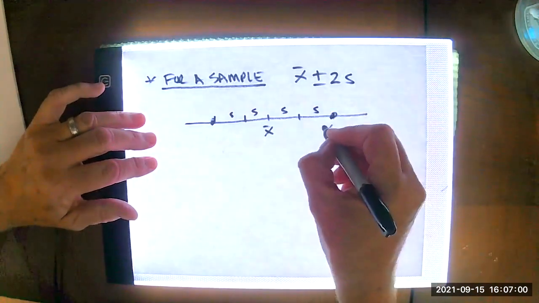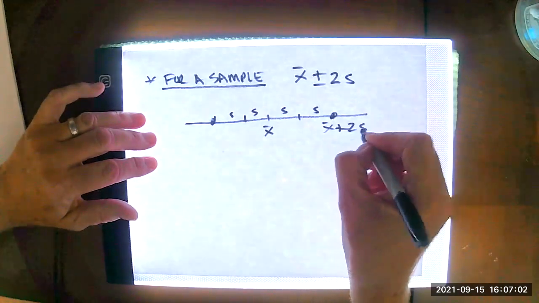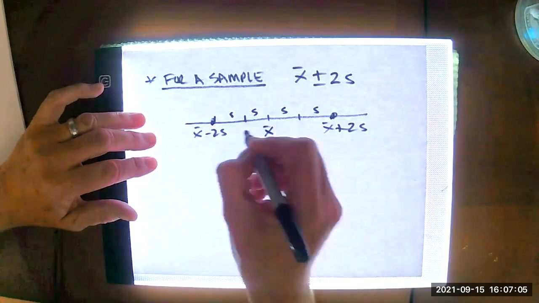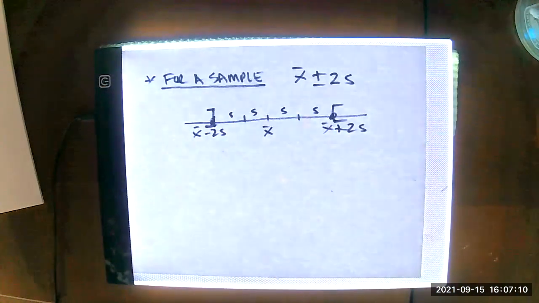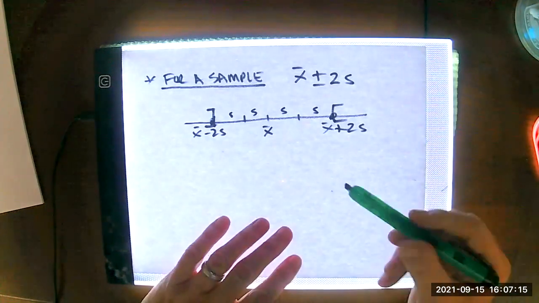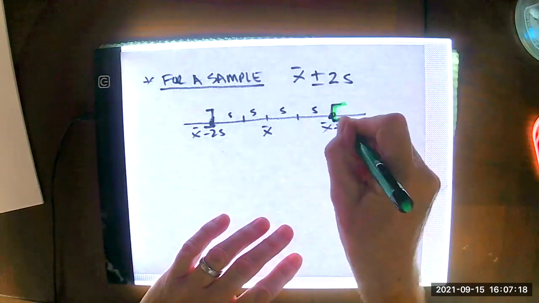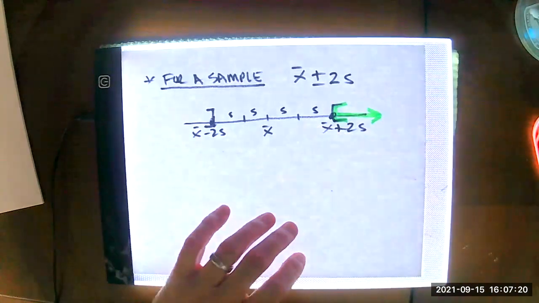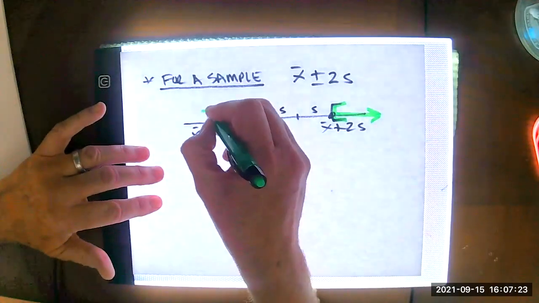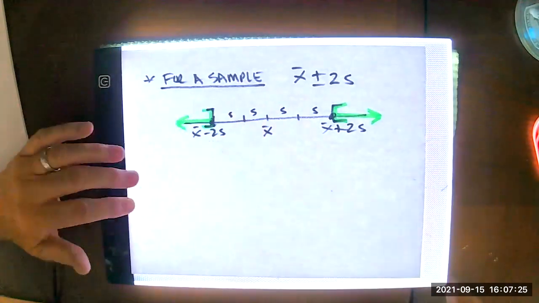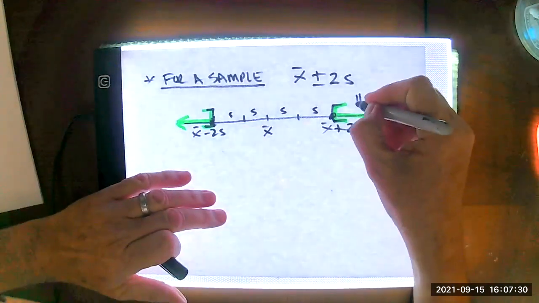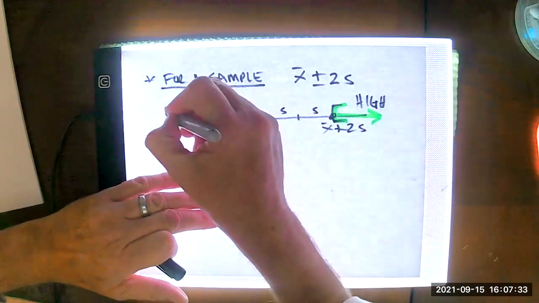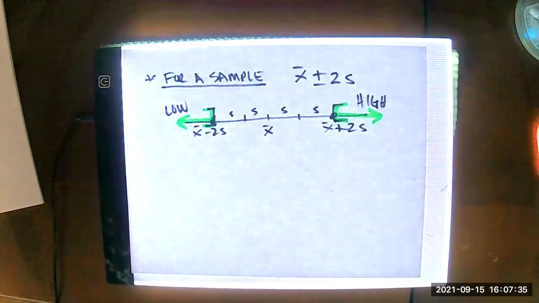This point here would be x bar plus 2s, and x bar minus 2s. So these scores, these x values, including the endpoint, if you will, going back to basic algebra, would be significantly high compared to other scores. These scores would be significantly low. So we have high scores over here, and we have low scores over here.